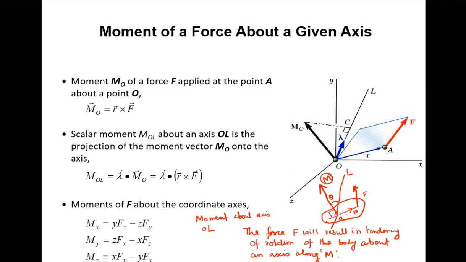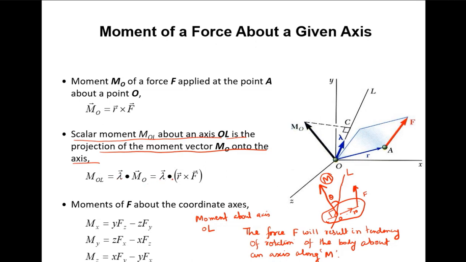So projection of moment vector MO onto this axis. The projection concept we have learned just a couple of minutes back. So scalar moment MOL about an axis OL is the projection of moment vector MO onto the axis. So along this OL, if I find out a unit vector lambda, we just need to find the dot product.